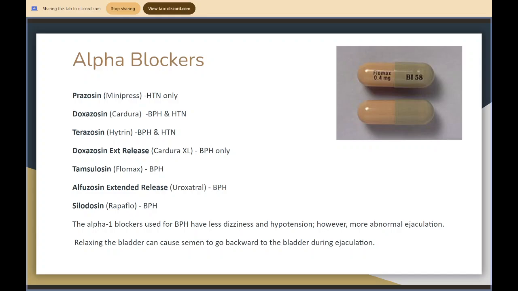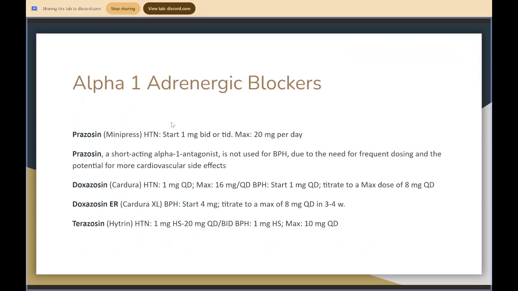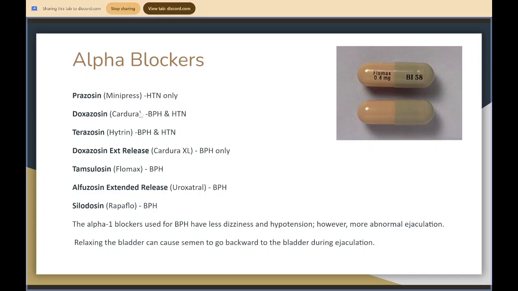All right, continuing with alpha blockers. On the right, we see Flomax, and that's going to be tamsulosin, which we use for BPH. Alpha blockers can also be used for the treatment of hypertension, which we'll discuss at a later date. Prazosin is known as Minipress, that's for hypertension.